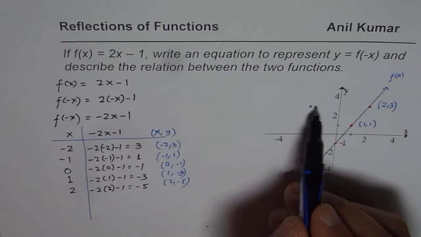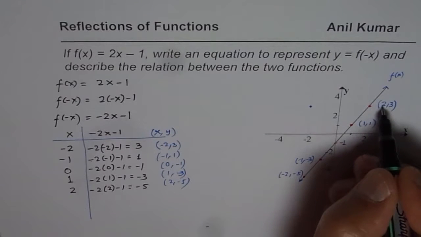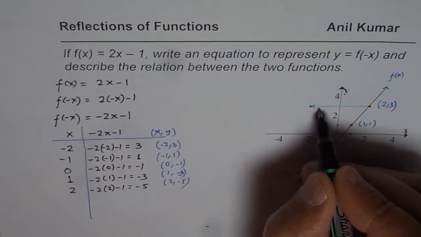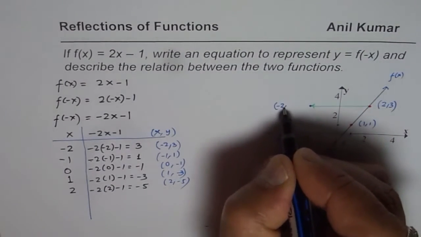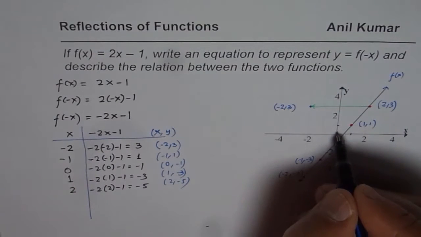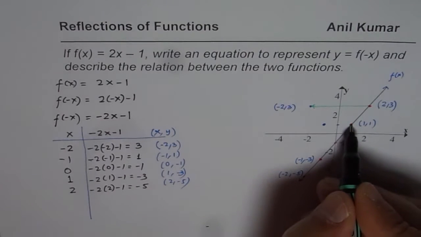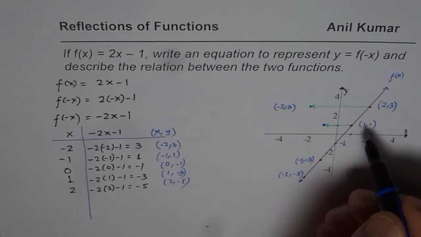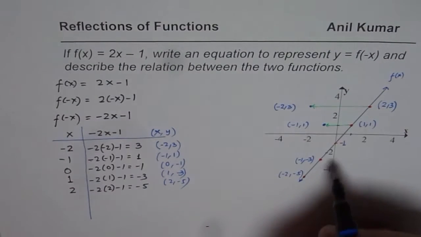You can see it is reflected on the y-axis. Do you see that? The x value has changed to negative, and it is a reflection on the y-axis. The next point is minus 1, 1, which is here, and this also is a reflection on the y-axis. The x value changes to negative, y remains the same.